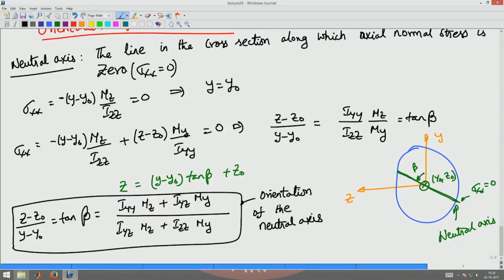So, what we have seen is what happens when there is loading along both principal axes of the cross section, where we got the expression for stress, and we generalized to the case where the loading was applied in one direction, not necessarily along the principal axis direction, and we got an expression for that, and then we found the expression for the neutral axis. Now, in a practical problem, there are two ways of solving it.